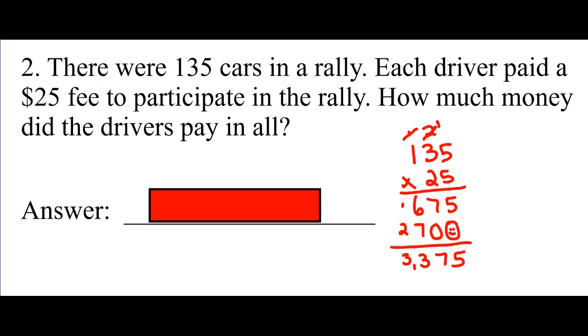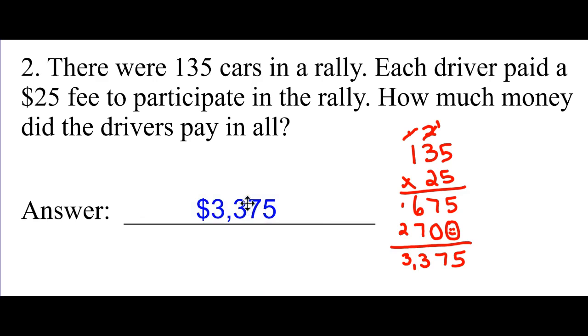When I added them together, I ended up with 3,375. On my answer line, I added the label of dollars. Your final answer needed to have dollars. Make sure that you circle yes or no for having it correct and explaining your error before you move on to question 3.